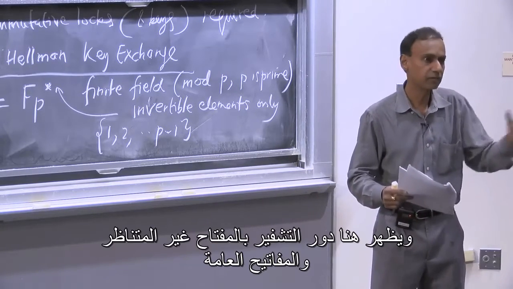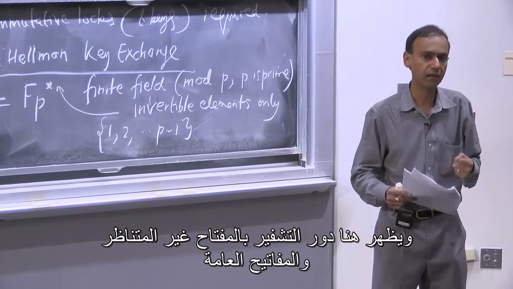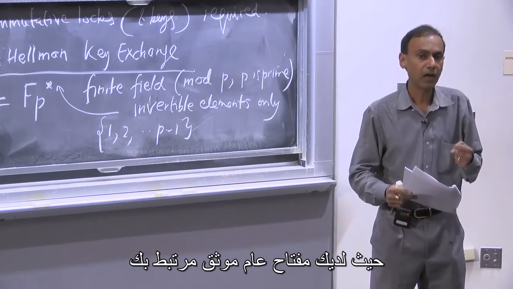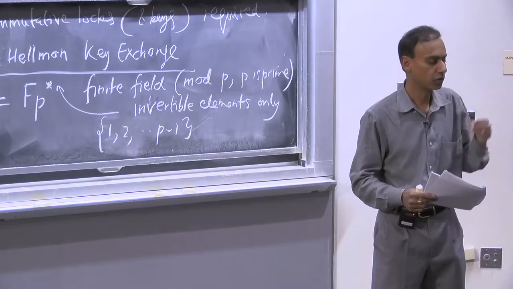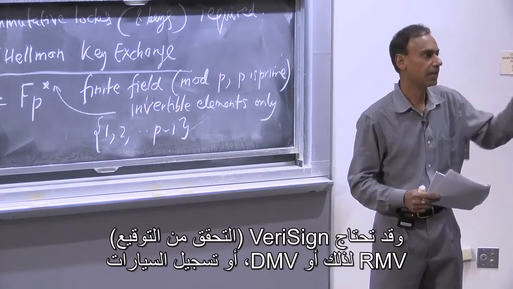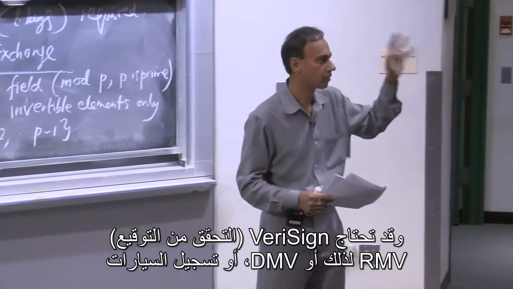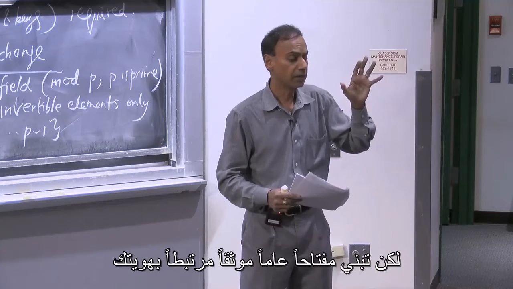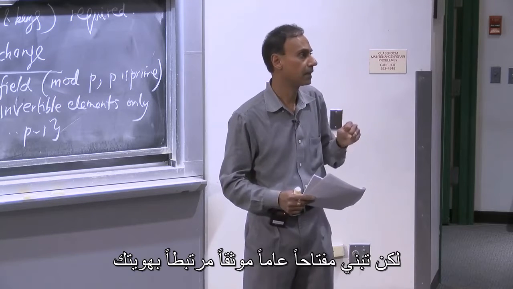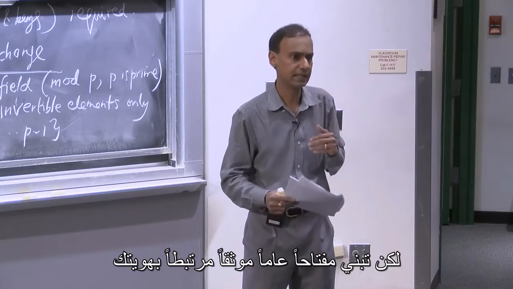And that's where asymmetric key cryptography and public keys come in, where you have a certified public key associated with yourself. And maybe you need VeriSign, or you need the DMV, or the Registry of Motor Vehicles, RMV, to do this for you. But you create a certified public key which is associated with your identity.